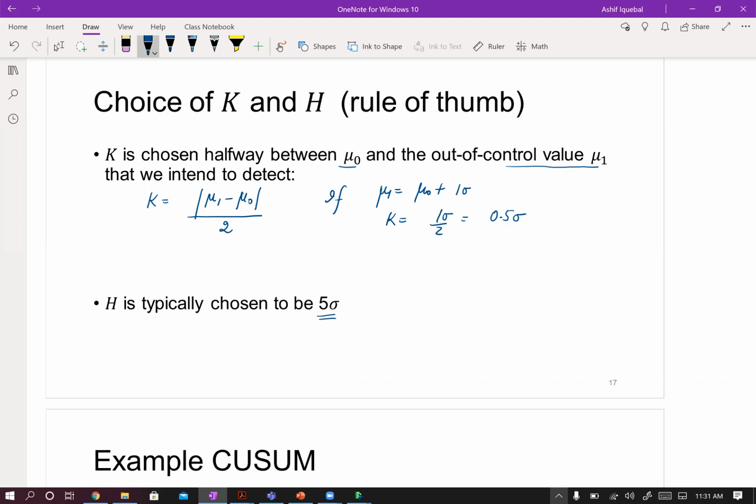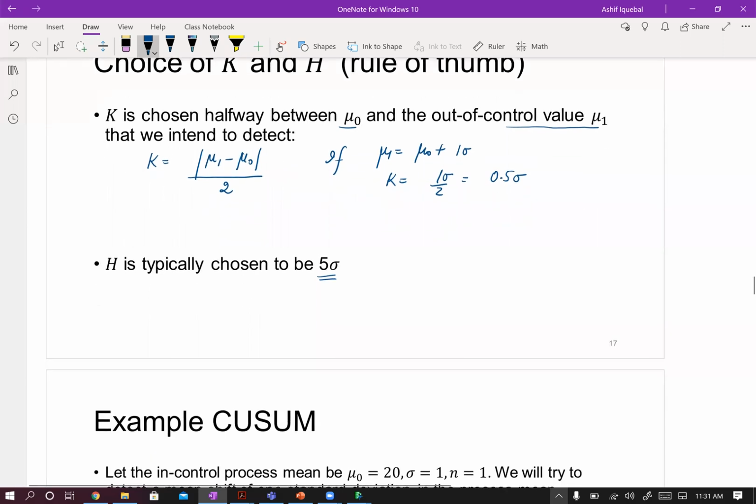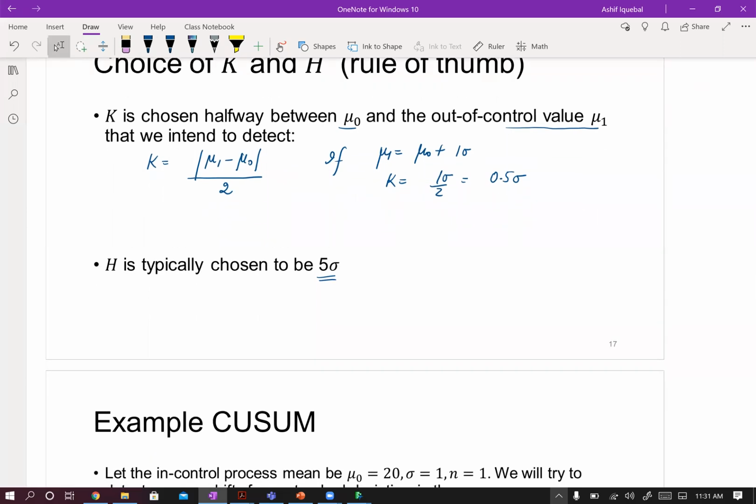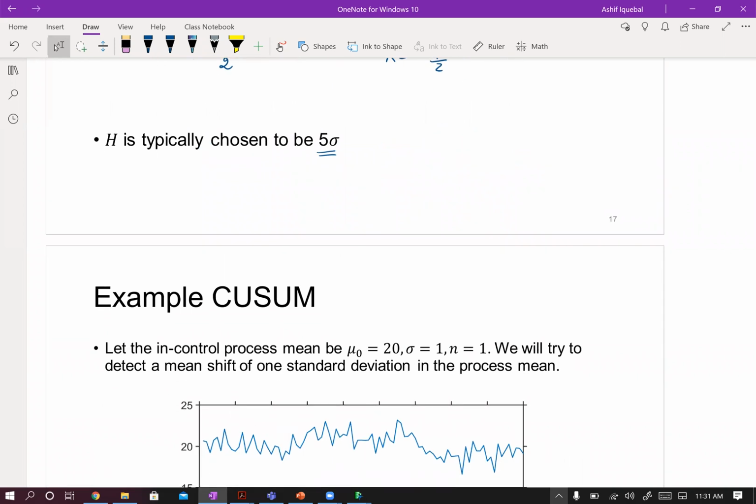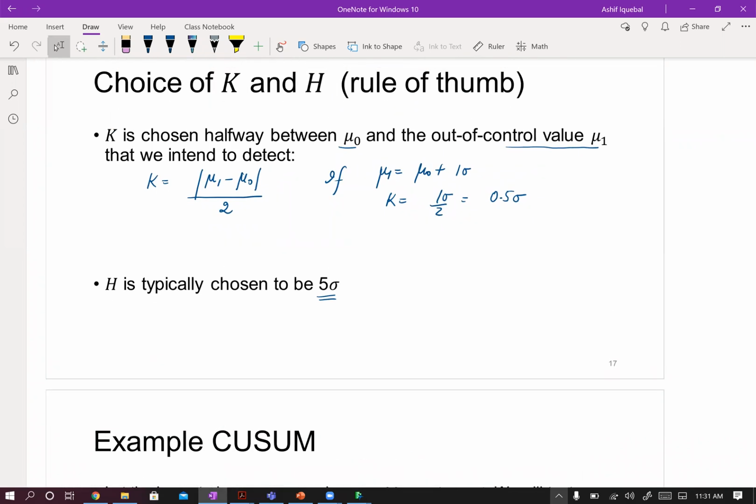That's it. There's no scientific evidence behind why you should choose K as mu1 minus mu naught divided by 2 or H as 5 sigma. These are just recommended values, so take these values with a grain of salt. All right, so now we have K and we have H. Any questions so far?